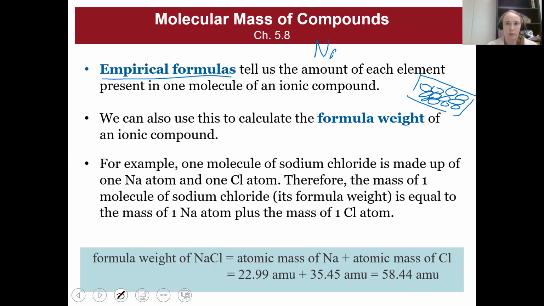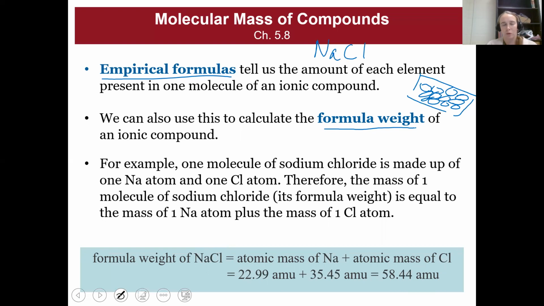We have 1 sodium atom for every 1 chlorine atom in the molecule. So 1 sodium ion, 1 chloride ion. And then we use this to calculate the formula weight. So we call this a little bit of a different thing. We had molecular formulas and molecular weights.